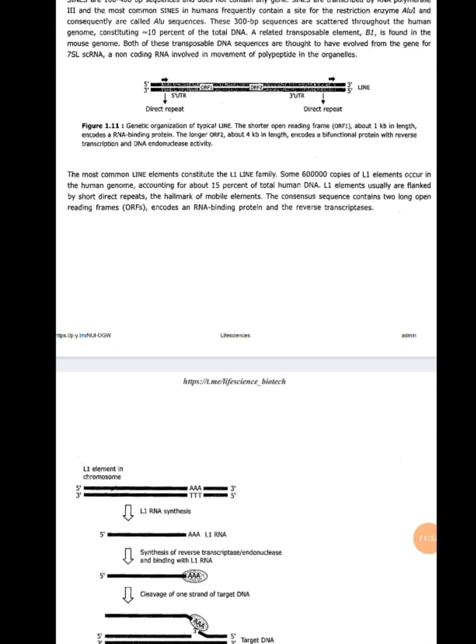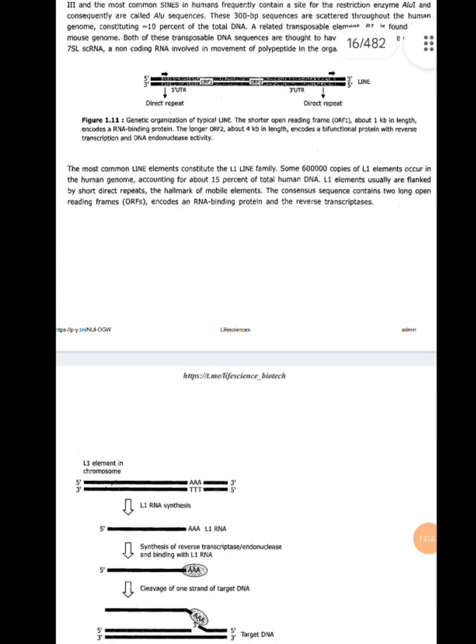LINE structure has two direct repeats, which is characteristic of a transposable or mobile element, and it contains two long open reading frames, one encoding an RNA binding protein and another encoding a bifunctional protein, which has reverse transcriptase activity.